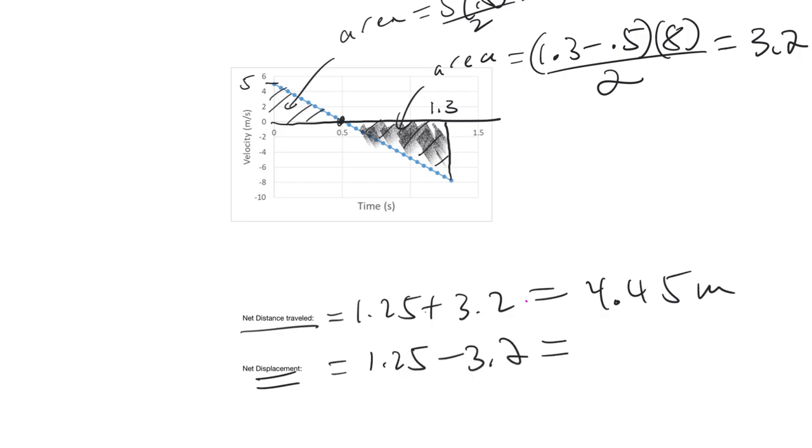That's going to come out to 1.25 minus 3.2, negative 1.95. So that's what's left when you add the negative area to the positive area.